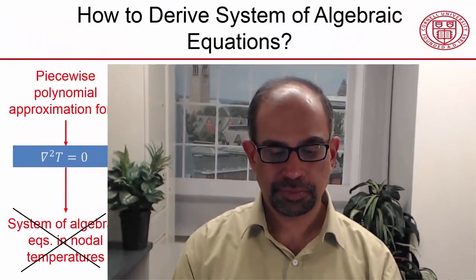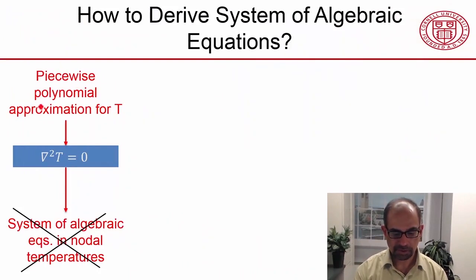Let's think about how the process that we discussed in the big ideas in FEA gets extended to the 2D case. How to derive the system of algebraic equations? We have our piecewise polynomial approximation for the temperature. That's an assumed shape that's constructed element by element.